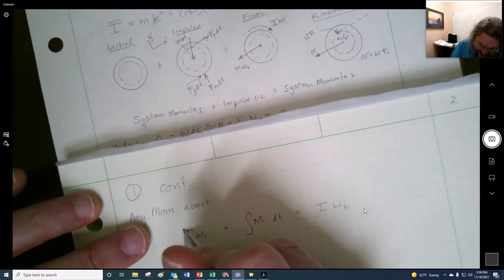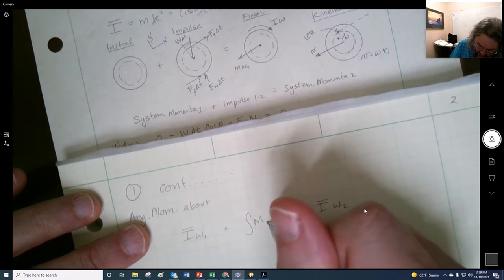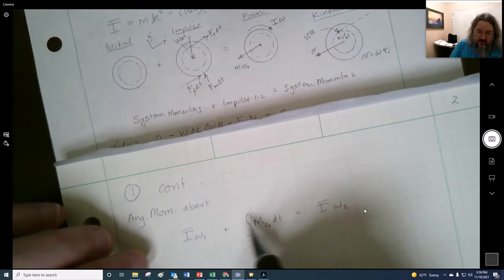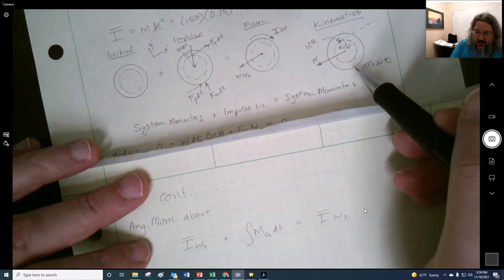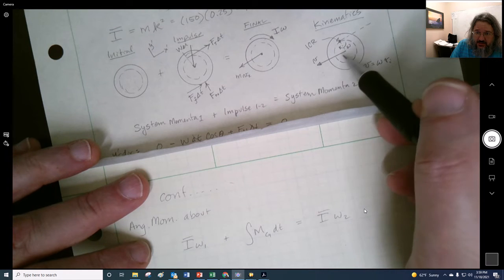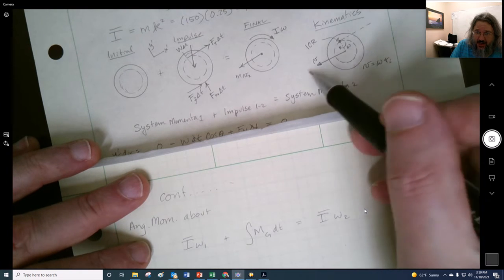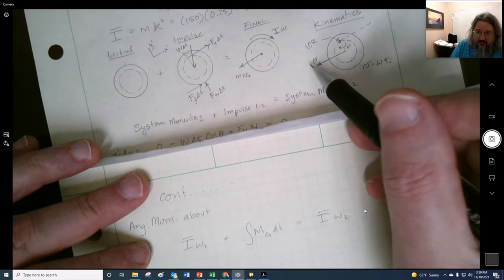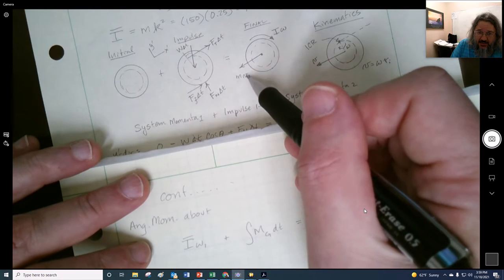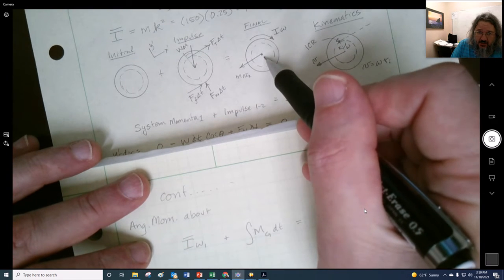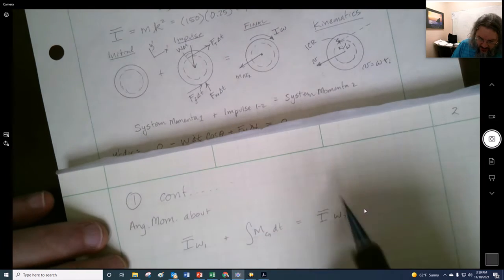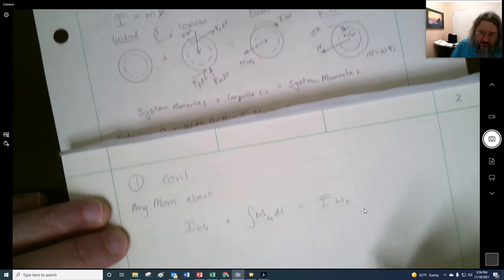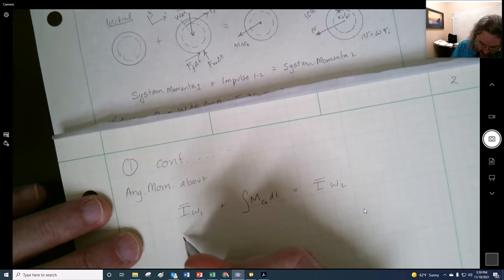And if we do it about the center right there, we don't have to include any of the effective ones, right? If we did it about down here, for instance, we would have to have that velocity, because the mass times velocity is momentum, and it's going about a point, and therefore we would have to do this. But if we do it about the center, that works everything out.